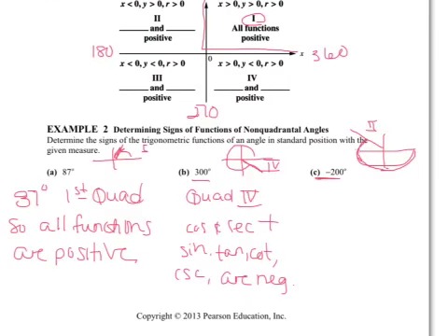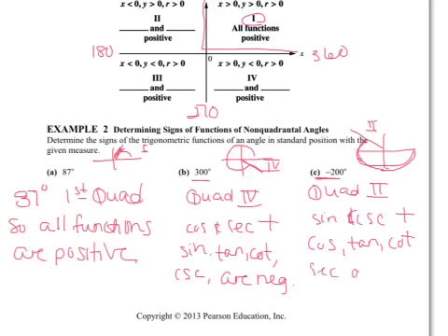So if I come back down here to negative 200, because it's in quad 2, I can say that sine and cosecant are positive. Cosine, tangent, cotangent, and secant are negative values.